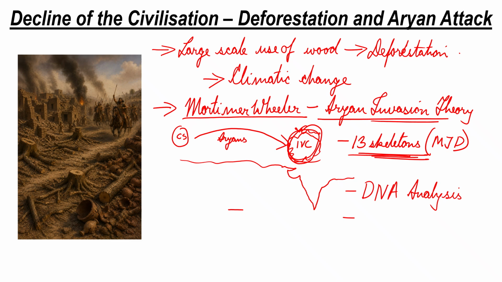So that is how this theory was refuted, because there is no scientific evidence. But still, in order to give a sense of Western superiority, many people believe in this Aryan invasion theory.